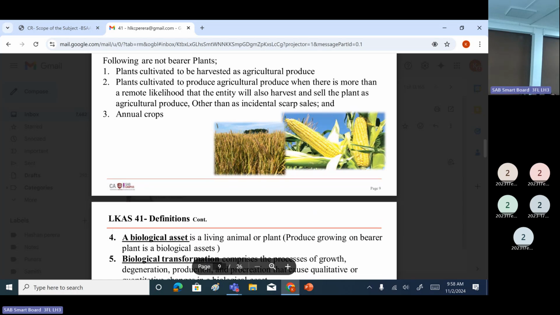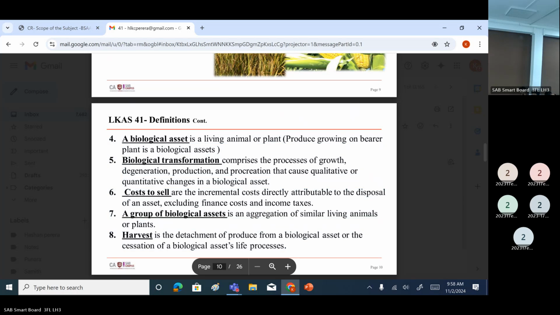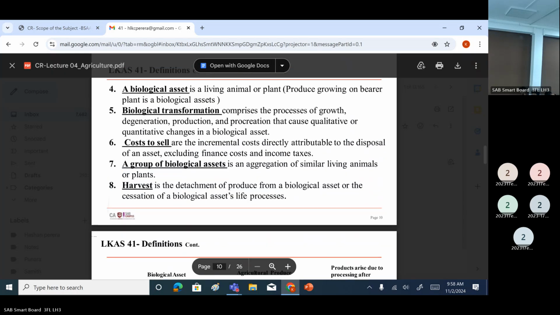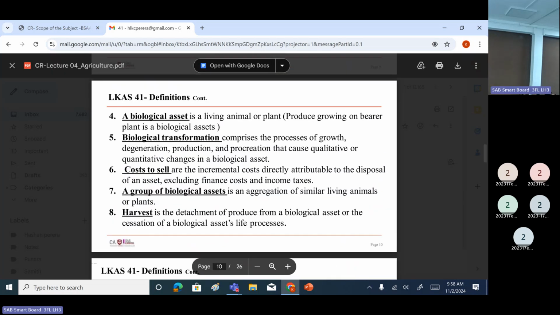So here we have a set of definitions. Biological asset, we have already discussed. Biological transformation, that's important. As at the balance sheet date, that transformation process may be going on.